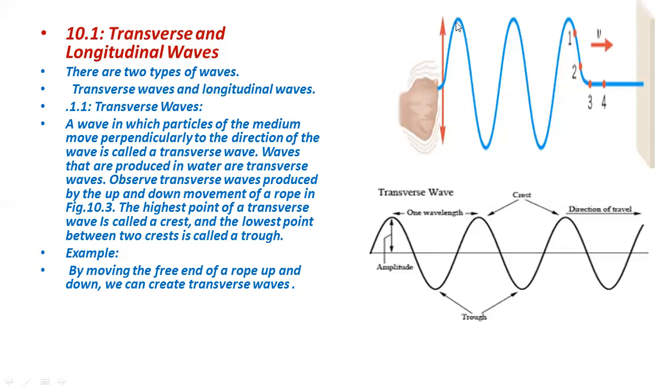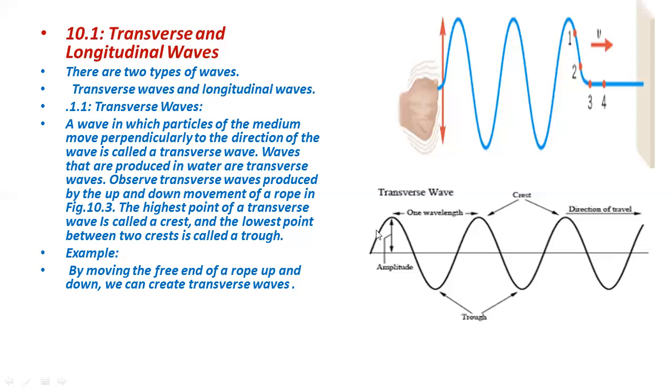So you can see that this straight line or this arrow shows the perpendicular movement of the particles of the medium, because, I told you, imagine this is a straight line where the wave is moving. Same like in this case, this straight line shows that the wave is moving from left to right.